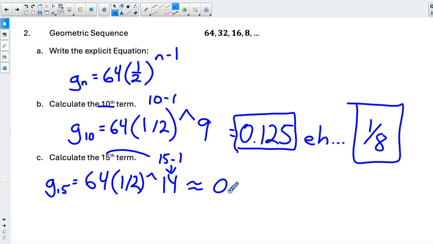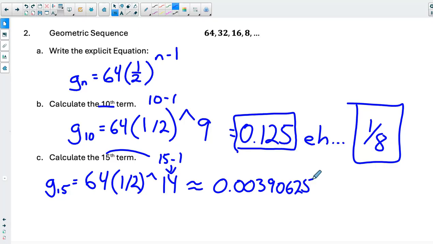If you type this in, you get 0.003900625. You think that's right? Dead on? It could be. I actually don't have any idea. But if I typed it in a different calculator, I wouldn't be surprised if it gave me a longer decimal.